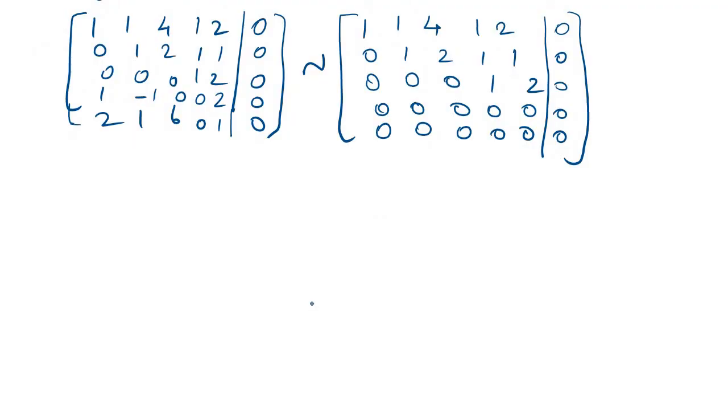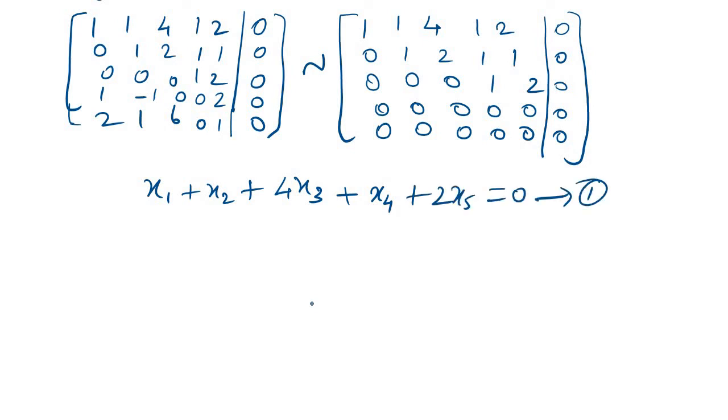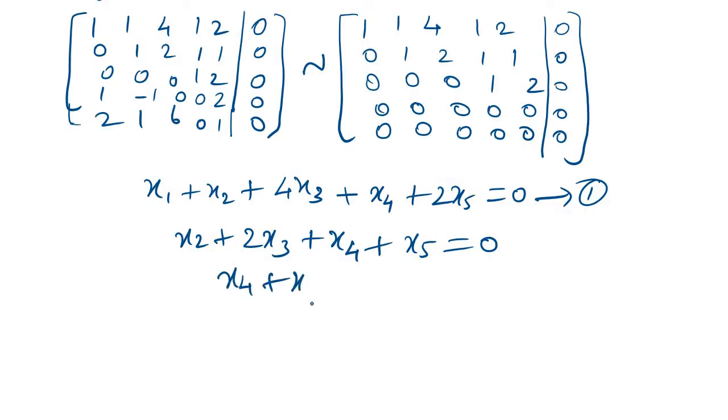Writing this as equations, we get x1 plus x2 plus 4x3 plus x4 plus 2x5 equal to 0, x2 plus 2x3 plus x4 plus x5 equal to 0, x4 plus x5 equal to 0.